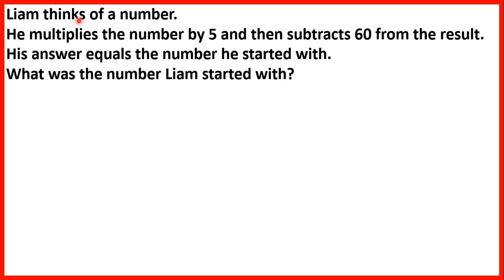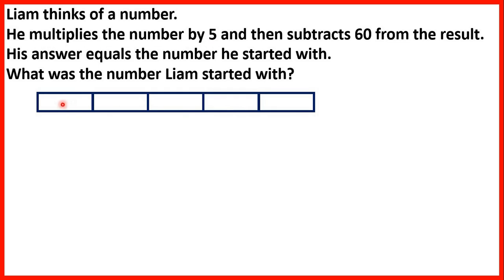If we're using a bar model, we can show a bar to show the number that Liam thinks of or starts with. We know that he multiplies the number by 5, so we can show 5 bars to show that he's multiplied what he started with by 5, and then when he subtracts 60 from the result, his answer equals the number he started with.